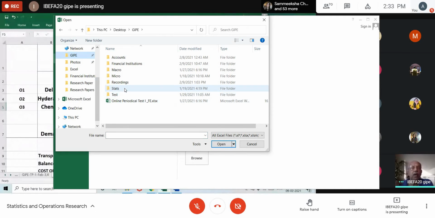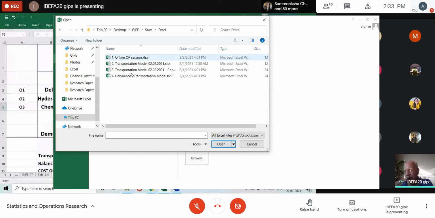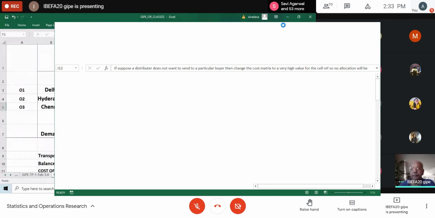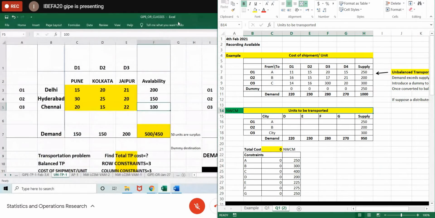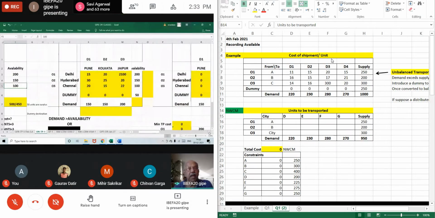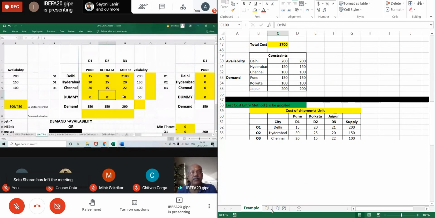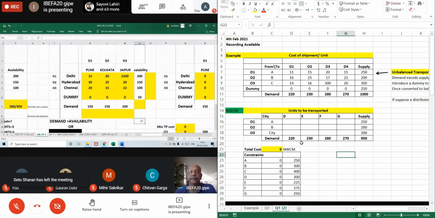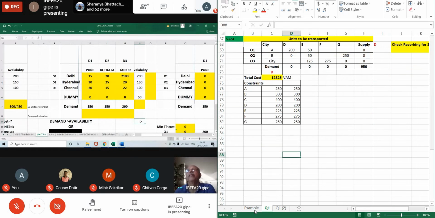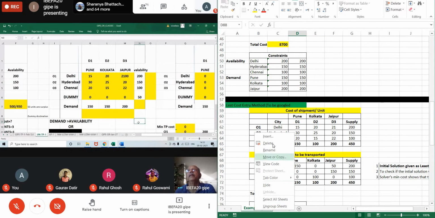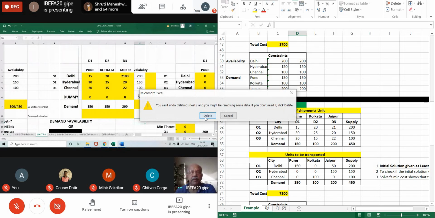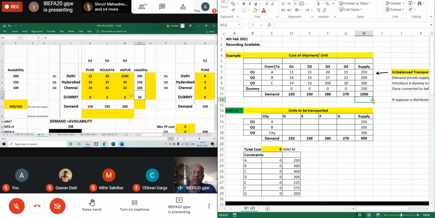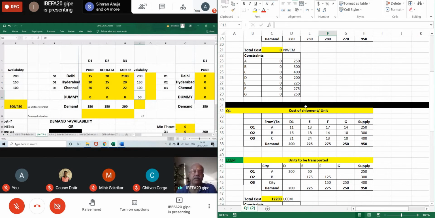And that is called dummy production center. And the dummy production center has 0 cost of shipment. 50 units. So wherever may be the allocation, it will never affect our original problem. This is the first step.